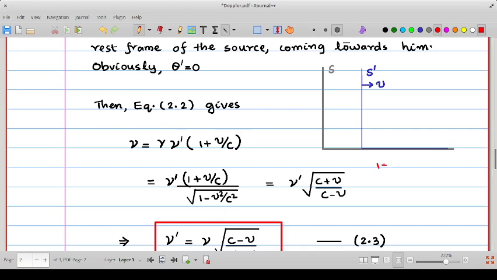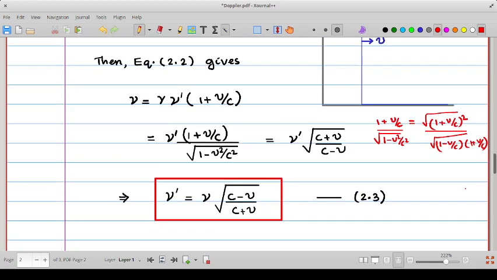Now this factor 1 plus v by c can be written as square root of 1 plus v by c whole square, and the denominator factor 1 minus v square by c square can be written as 1 minus v by c times 1 plus v by c. Now a 1 plus v by c factor from this is cancelled by 1 plus v by c in the denominator, and the result would be square root of 1 plus v by c divided by square root of 1 minus v by c.